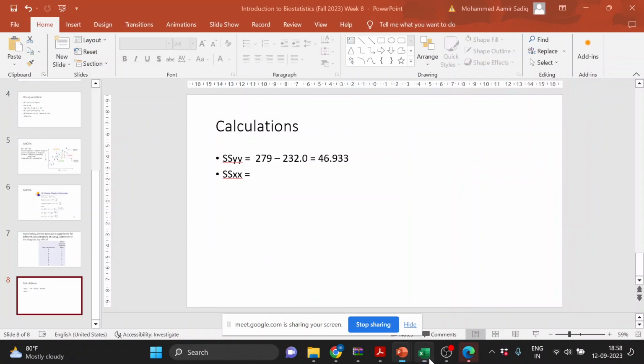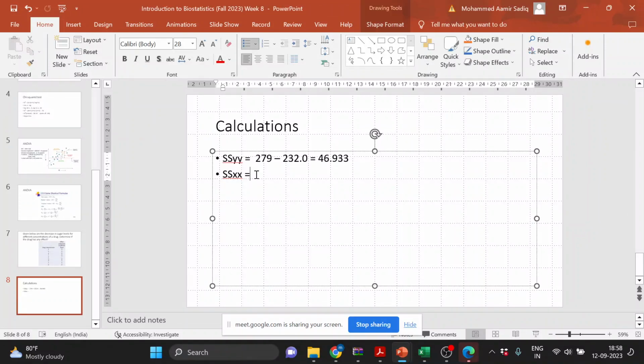126 minus 100. What is 126? It's just sigma xi squared, and 100 is sigma xi the whole square divided by n, and so this is 26.